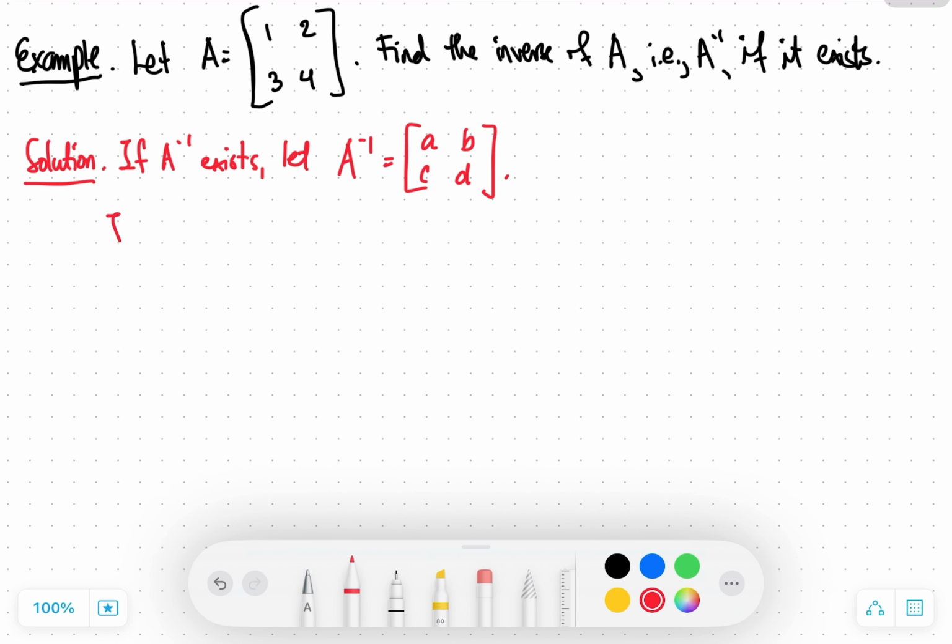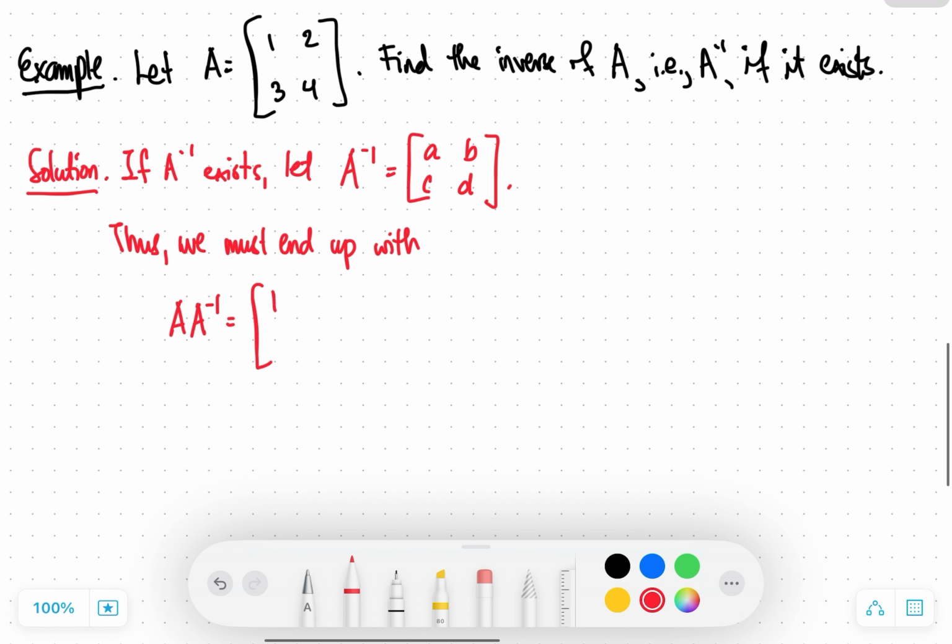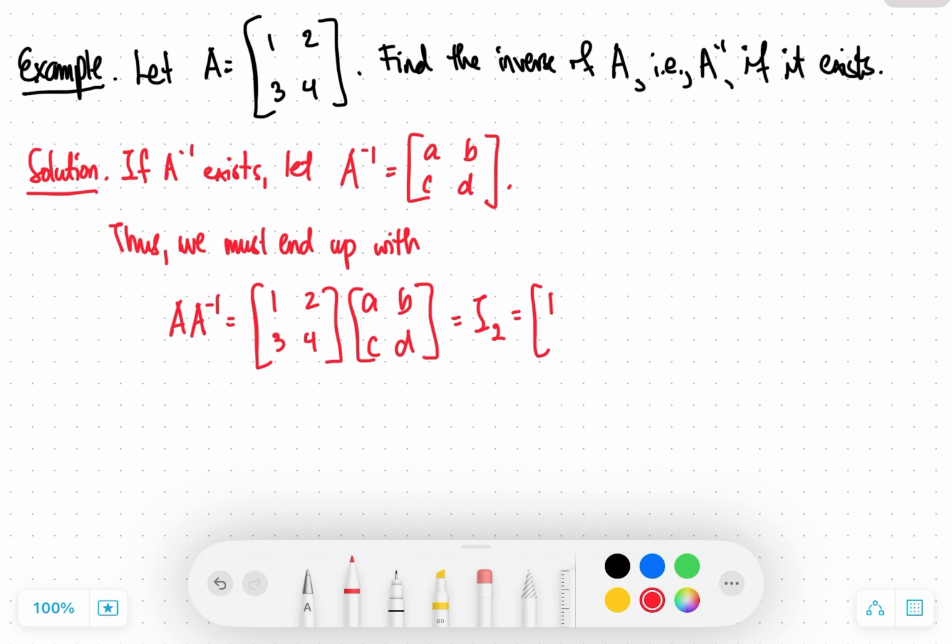So we must end up with this equation: A times A inverse is equal to, our A, remember, is 1, 2, 3, 4. So I'm going to write 1, 2, 3, 4 multiplied by A inverse, a, b, c, d. Notice the dimension is 2 by 2, so we expect to end up with I sub 2, which is equal to 1, 0, 0, 1.